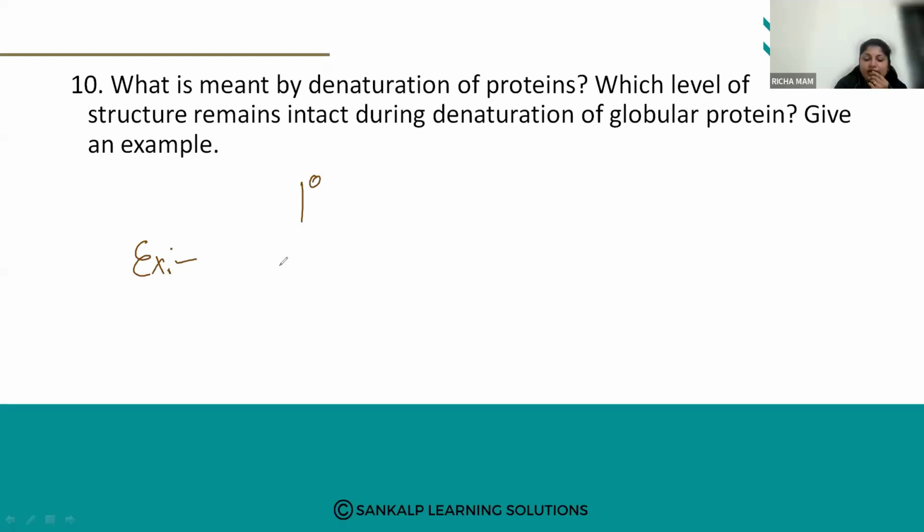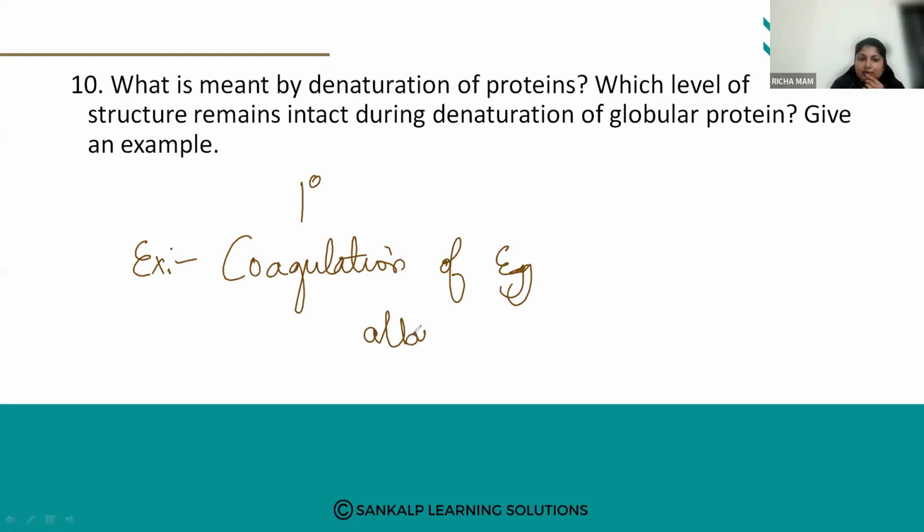An example for denaturation of protein is coagulation of egg, that is albumin, on heating. So this is an example. I hope this is clear.